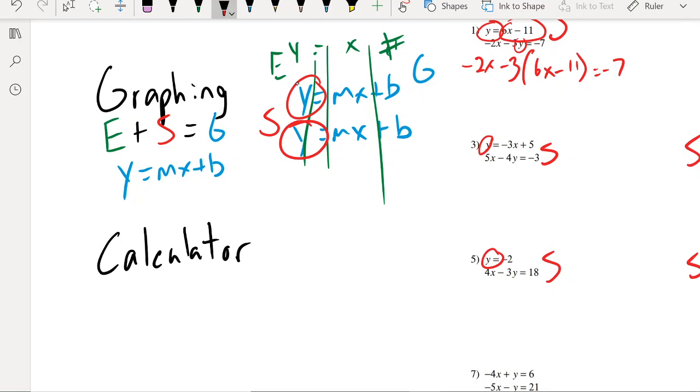Those are ideal. Otherwise, you have to settle for elimination or substitution, because sometimes graphing can be annoying if it doesn't intersect at a nice whole number, or negative whole number, aka integers.